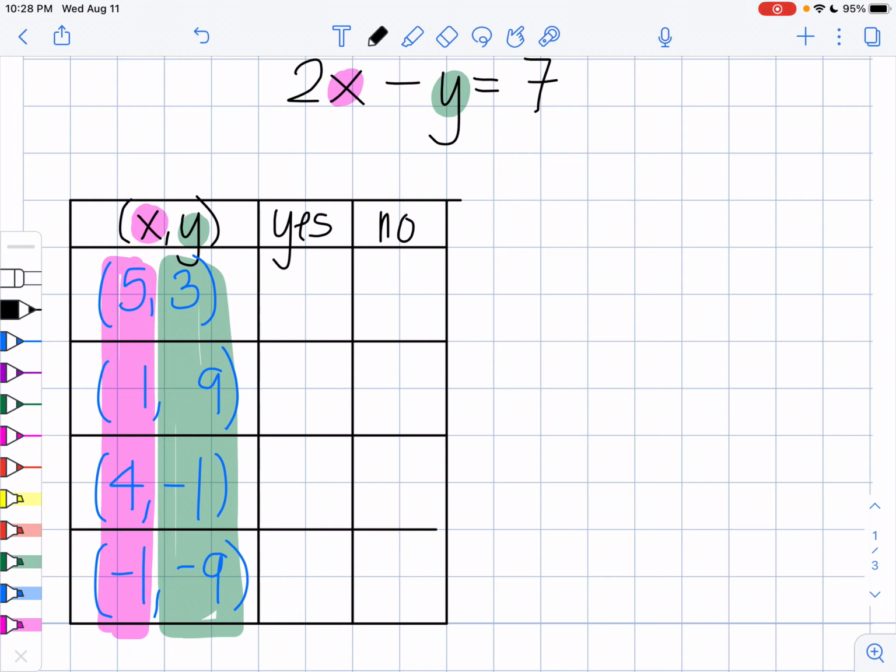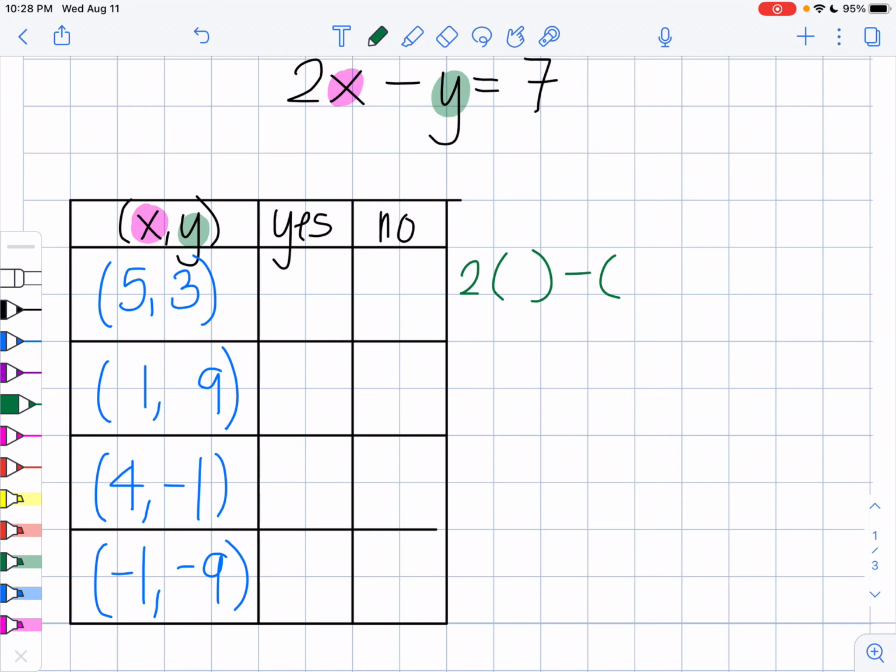So this first one, 5, 3, and I'm going to erase these colors so that we can see it a little better. So I have 2 times, let's do it in a different color, green, 2 times blank minus blank equals 7. In my blanks, remember this is my x value, and this is my y value.